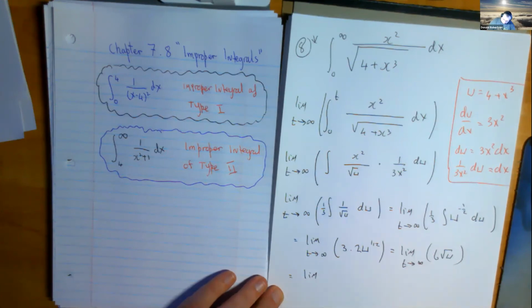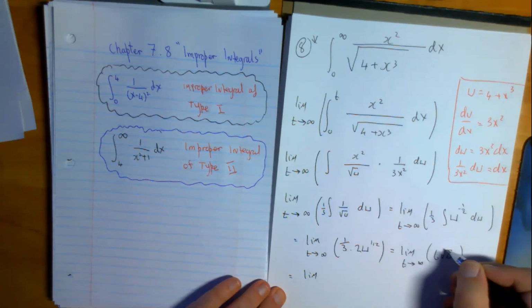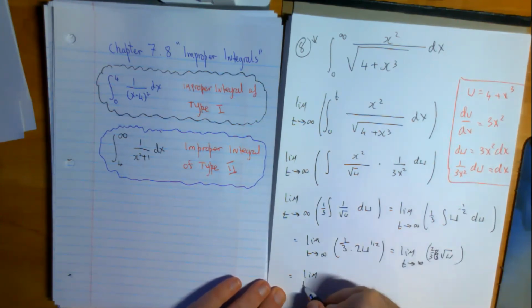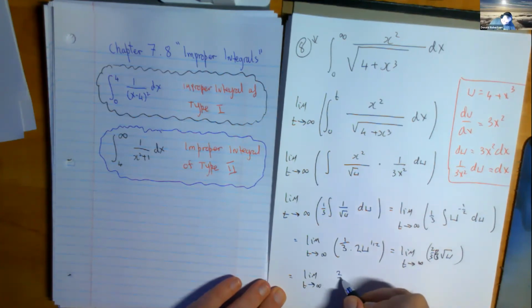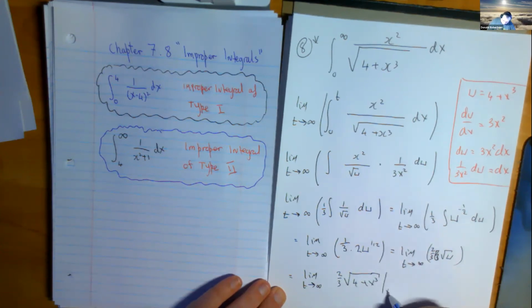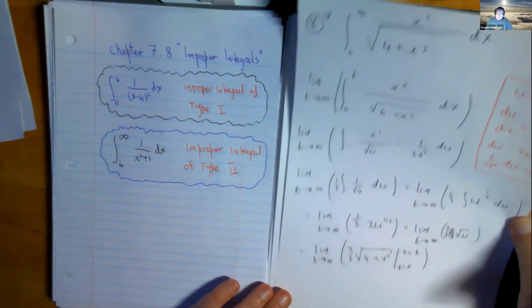How do we go from 1/3 to 3? I have no idea. So we now have 2/3 the square root of 4 plus x cubed. And now we can plug in the limits of integration, which is that guy.